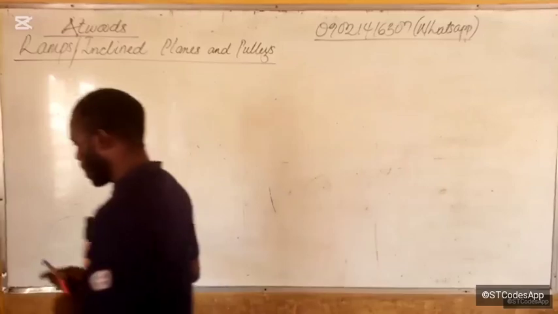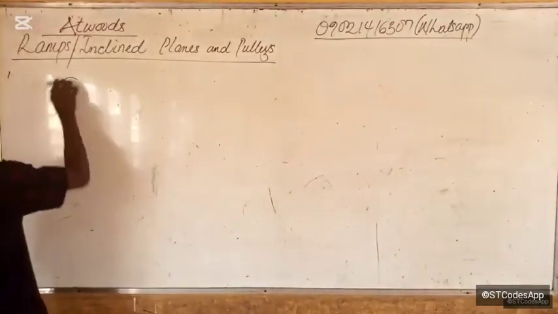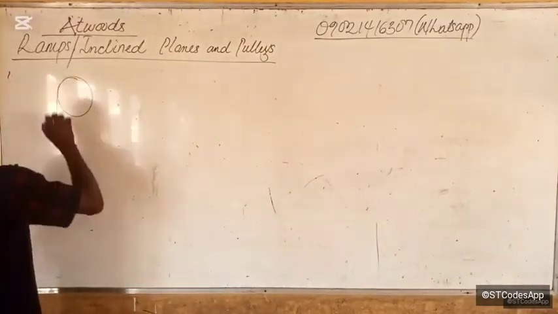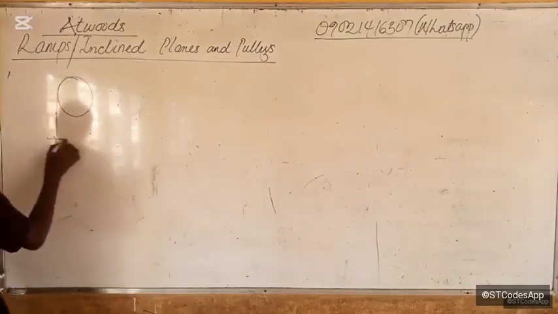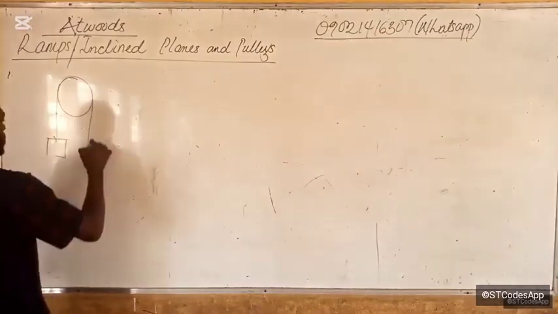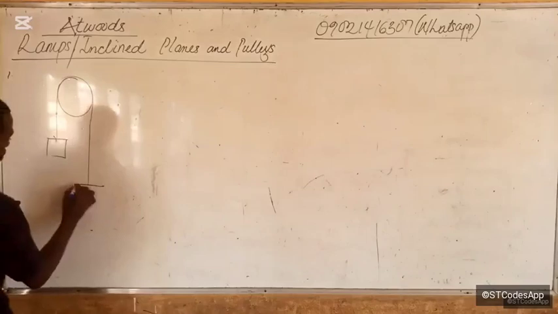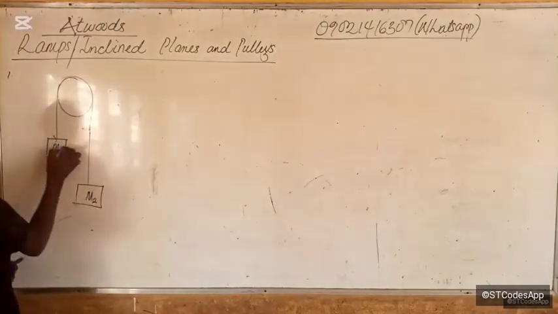All right. So look, for example, consider the following ramp. We now have a load attached to this string here in this direction, another rope attached here. Let's make this longer. So there's another rope attached here. This will be M2, M1.